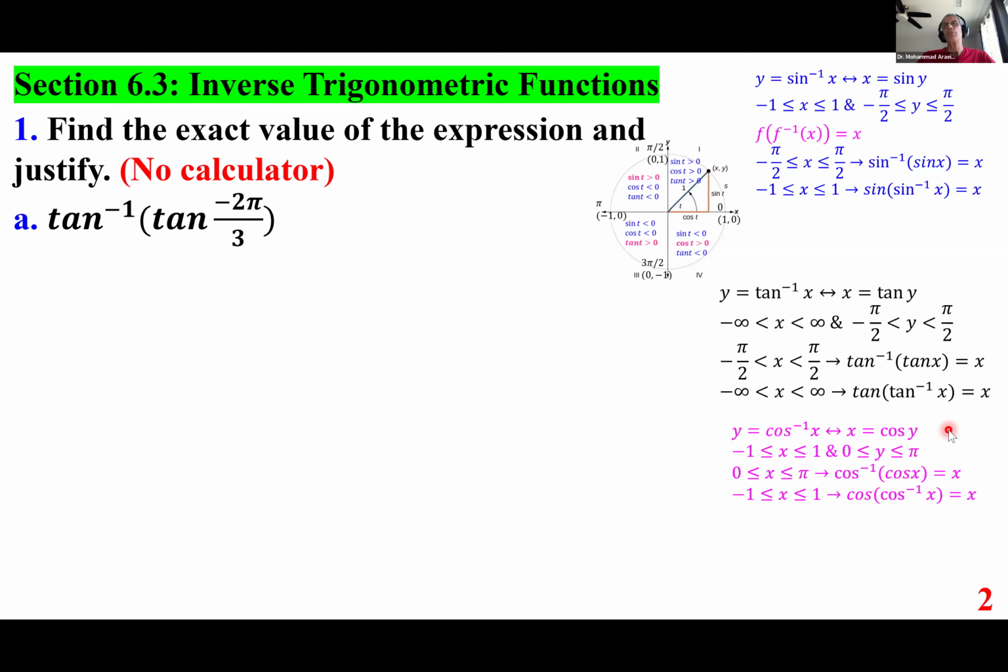Now, the restriction is that in order to work on cosine, the x is between 0 and pi for cosine x, which becomes the y for cosine inverse. So if x is between 0 and pi, cosine inverse of cosine x becomes x. If x is between -1 and 1, cosine of cosine inverse of x becomes x.